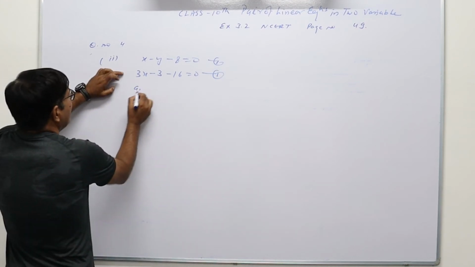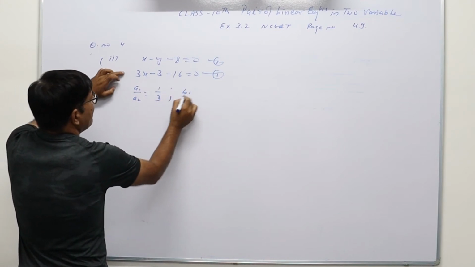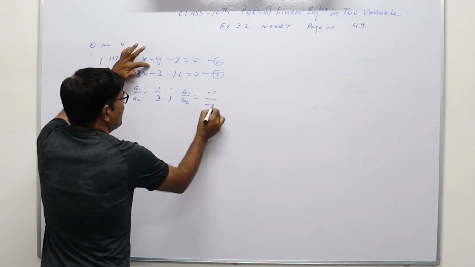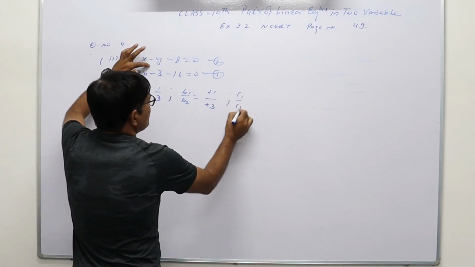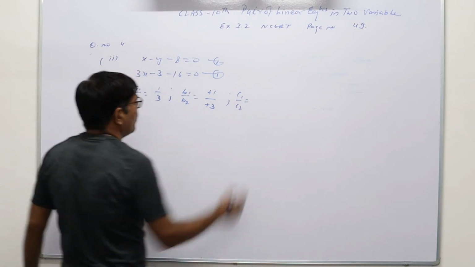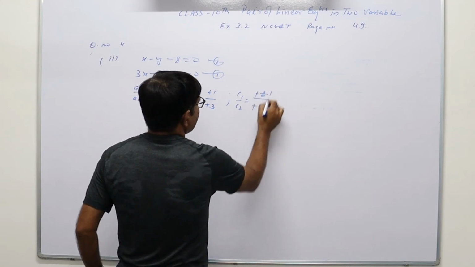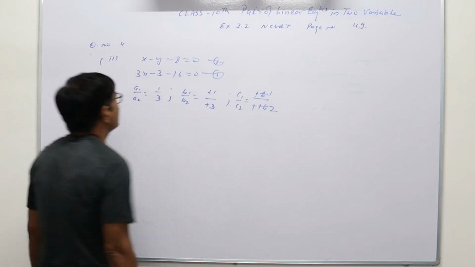So find a1 upon a2 is equal to 1 upon 3, b1 upon b2 is equal to minus 1 upon minus 3, that is 1 upon 3, and c1 upon c2 is equal to minus 8 upon minus 16, minus minus plus, 8 ones are 8 and 8 twos are 16.